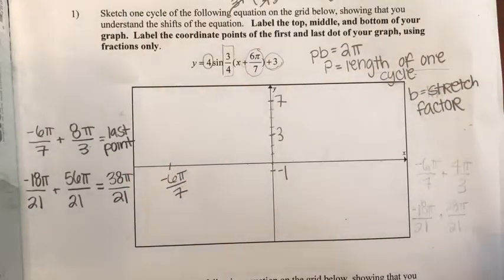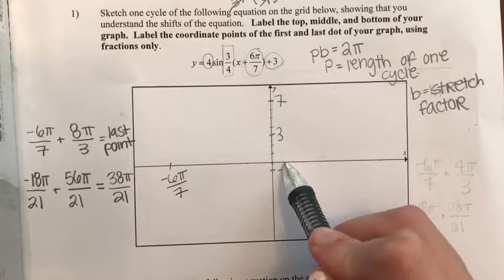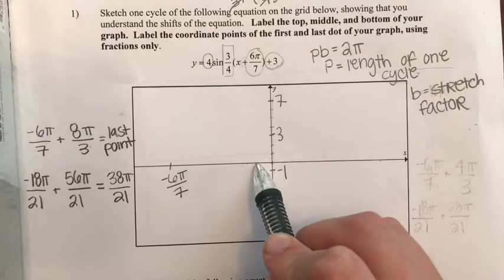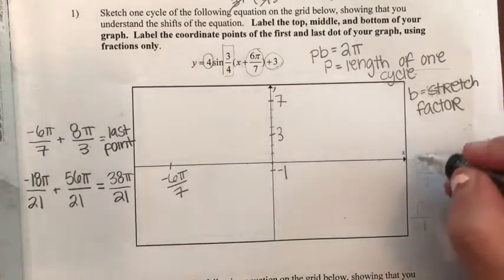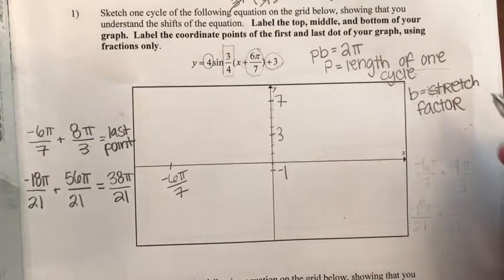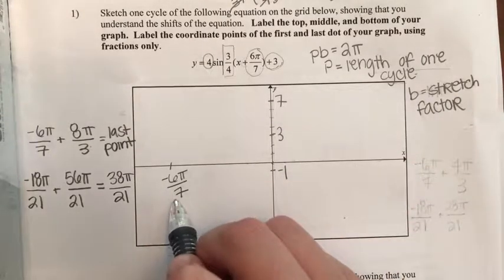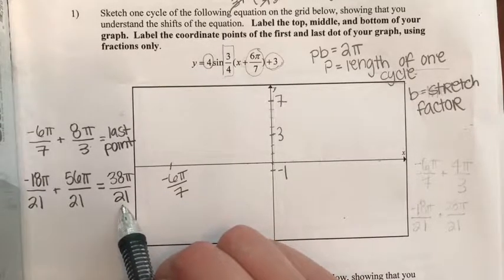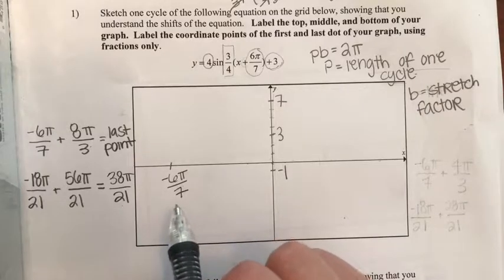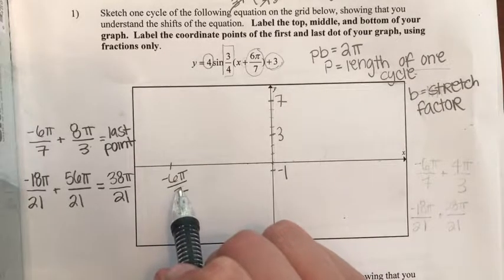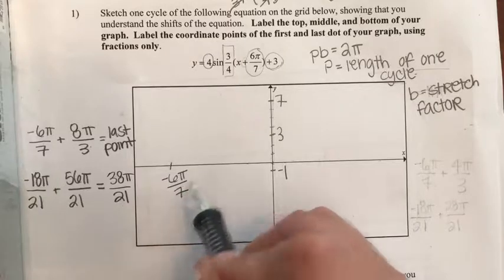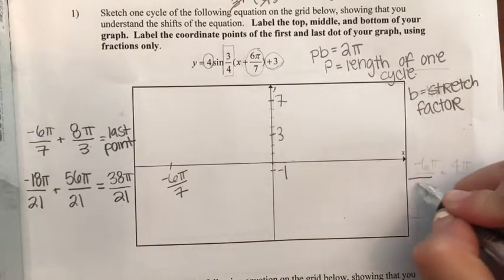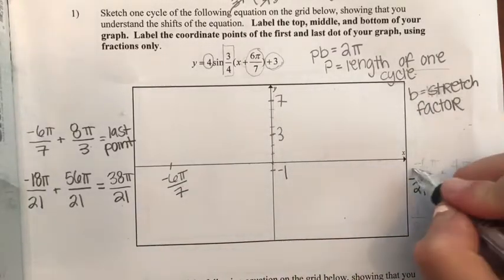The last thing to take into consideration when you're graphing your last point is where your middle point is, if it's either on this side of the y-axis or this side of the y-axis. And the way to find that out is to compare your first and last point. So our first point is negative 6 pi over 7, and our last point is 38 pi over 21. To compare these, I want to set them to the same denominator, so I'm going to make this point into the bottom being 21, so times 3 on the bottom, times 3 on the top.